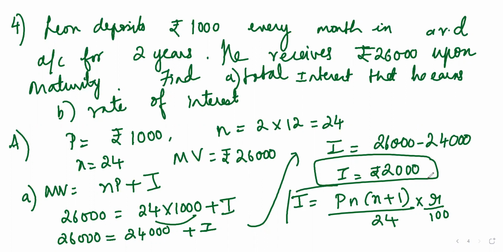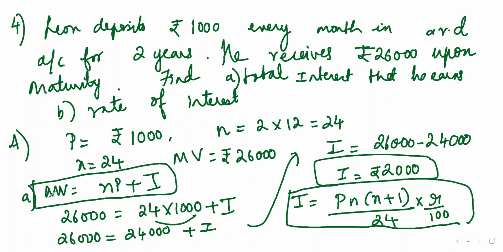Just remember these formulae. They are very important. Basically just have this formula and MV is equal to NP plus I. I'll put that also in a box. Just these two are very important. You need to remember, because the whole solution, or the steps in arriving at the solution, revolve around these two formulae.